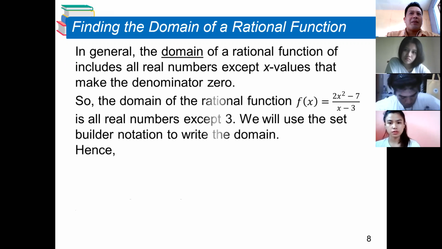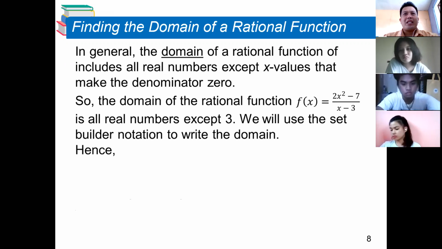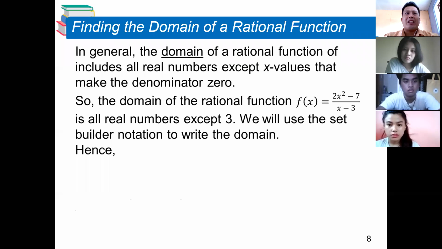Let's recall the example a while ago, class. Function f of x is equal to 2x squared minus 7 all over x minus 3. The domain of this function is all of the values of your x except for 3.